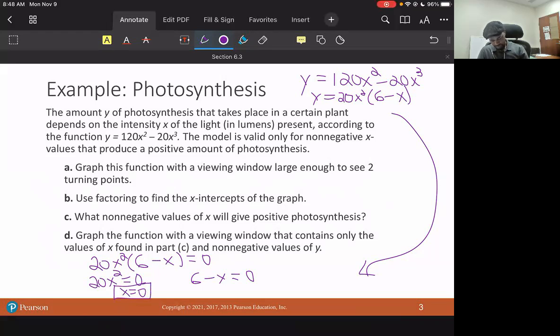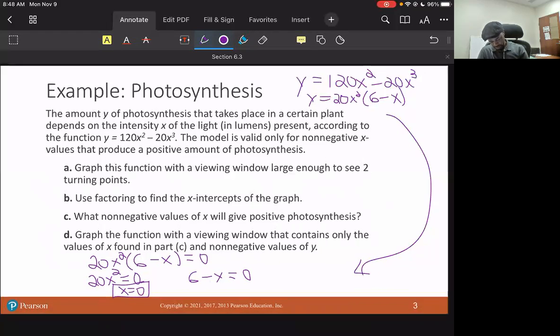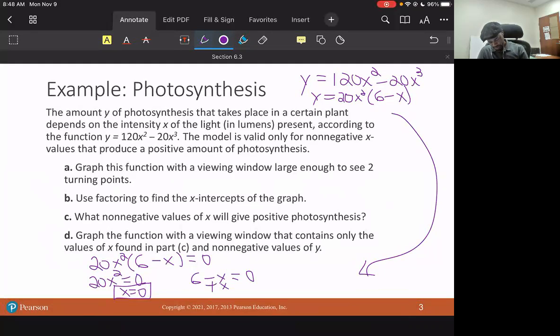For the other, we're going to add x to both sides and we get x equals 6. So use factoring to find the x-intercepts: again, (0, 0) and (6, 0). That's done.